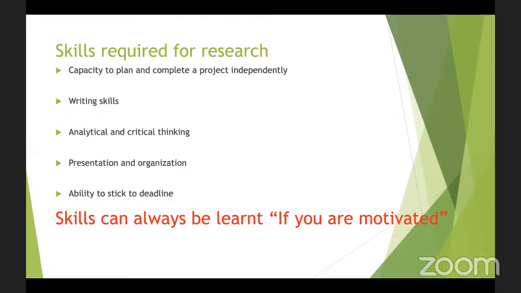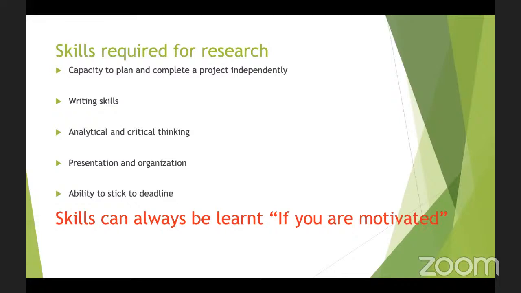And mostly in the end, skills can always be learned, because these 5 things are all skills, and skills can always be learned if you are motivated. If you are motivated to do research, you can learn anything.